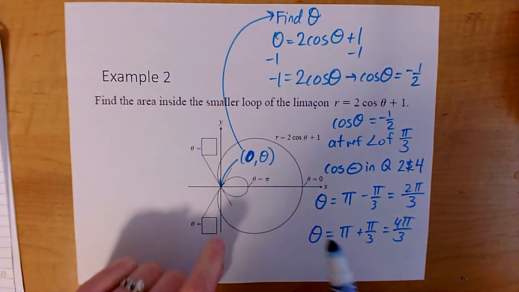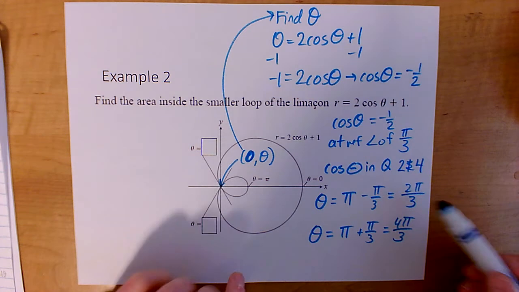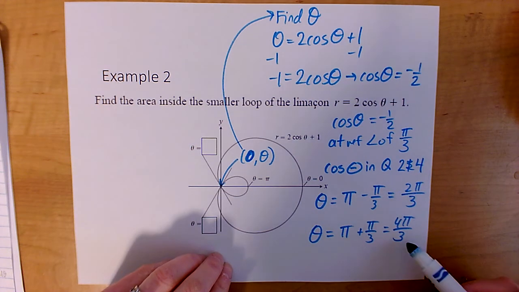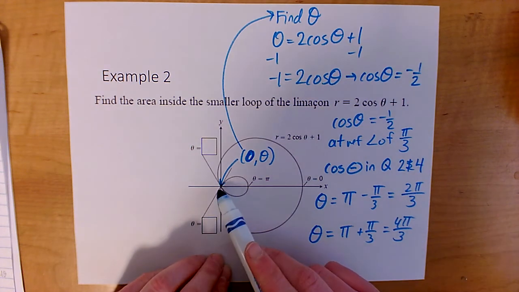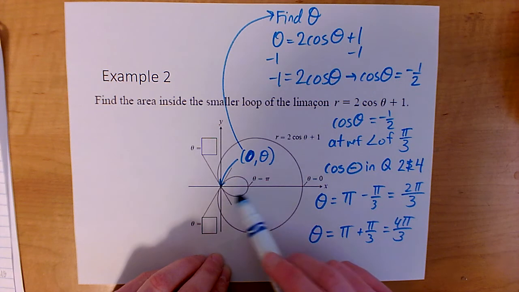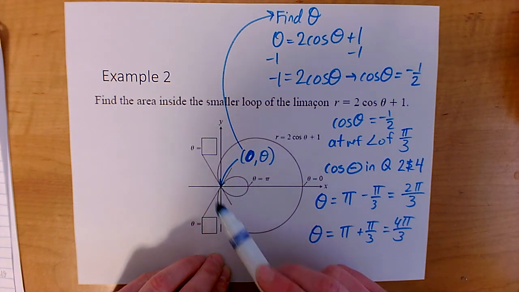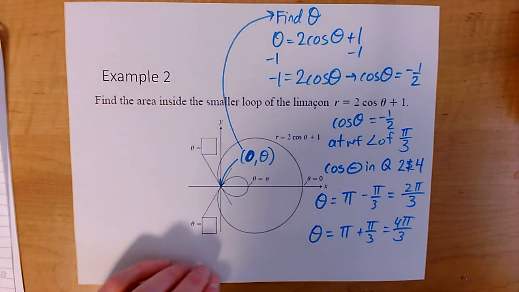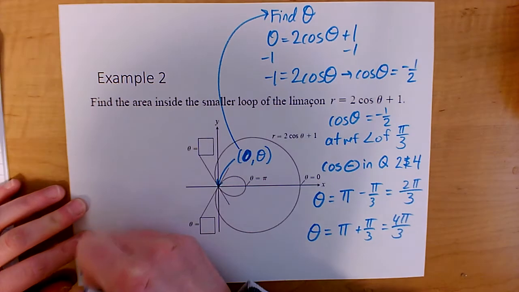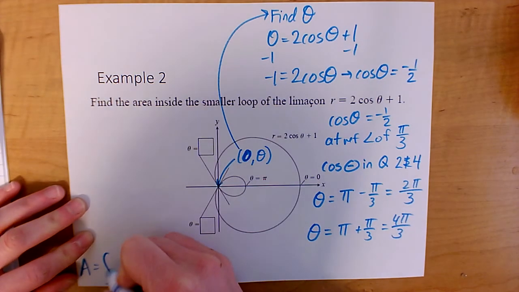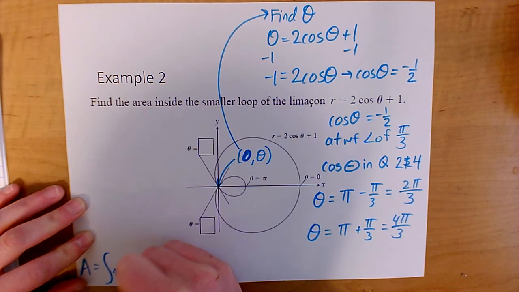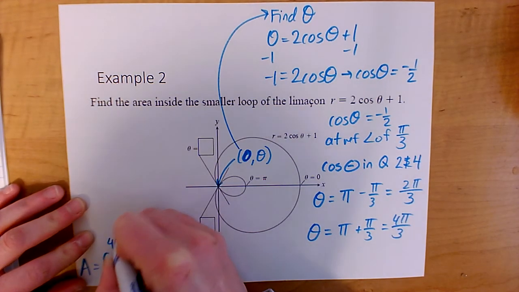Okay, so what happens is when we're at 2 pi over 3 and 4 pi over 3 radians, that's when we're at a radius of 0, and in between that interval is when we're forming this smaller loop inside the limacon.